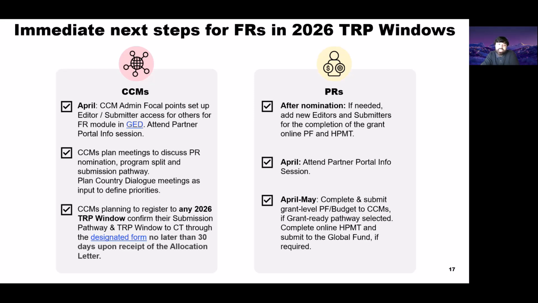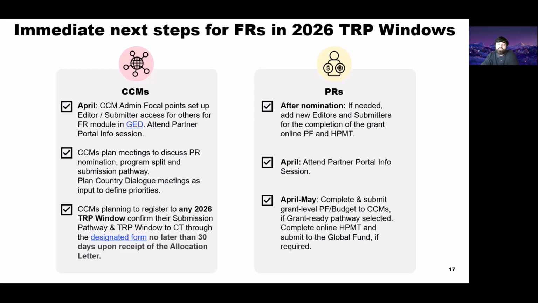CCMs can also plan meetings with the PRs to discuss potential PR nomination, as well as to discuss internally the program split and as well the submission pathway that they would like to take for the funding request. So please remember to plan country dialogue meetings as inputs to define these priorities. And again, to submit this form as soon as you can.